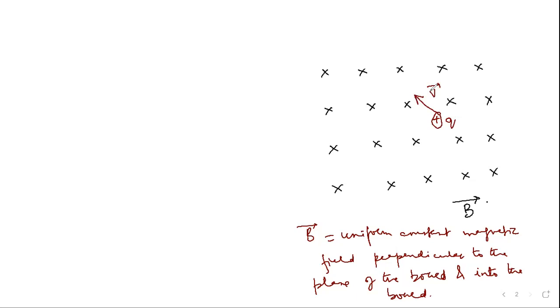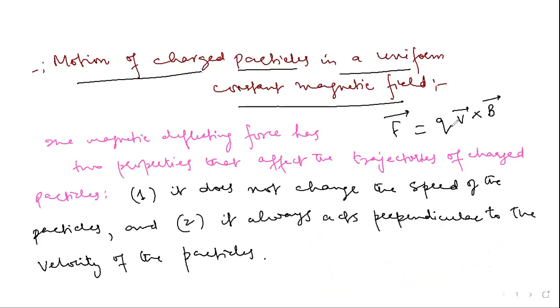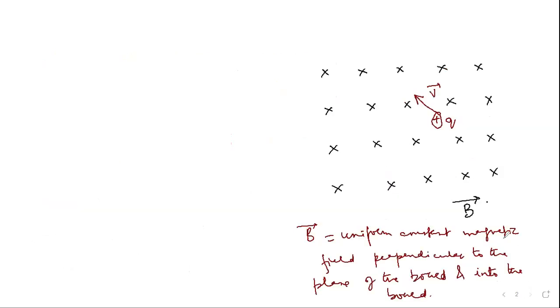This magnetic field will exert force on the charge given by QV cross B. Since the particle is positively charged, the direction of the force will be same as V cross B. So find the direction of the force.